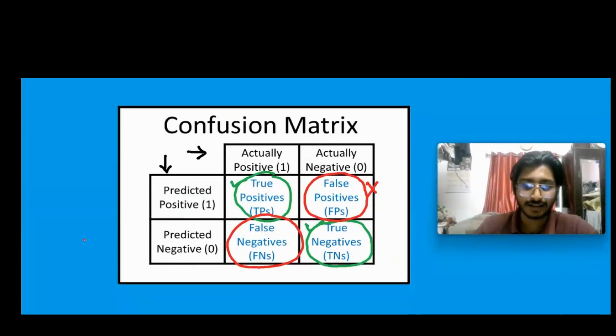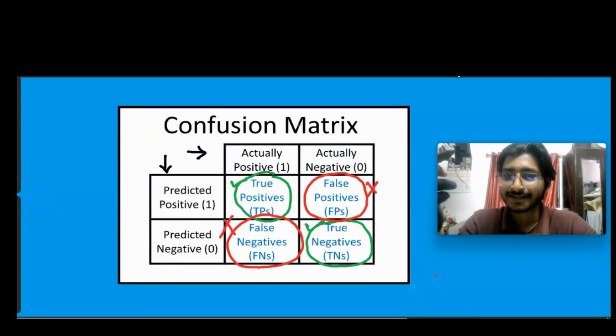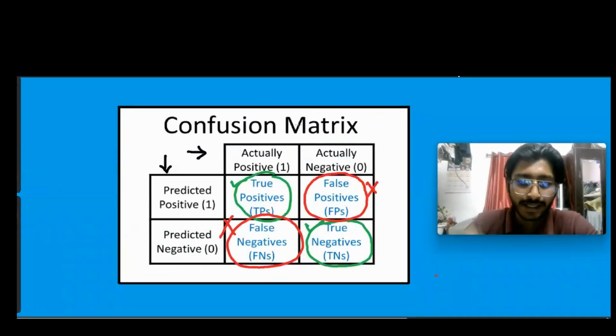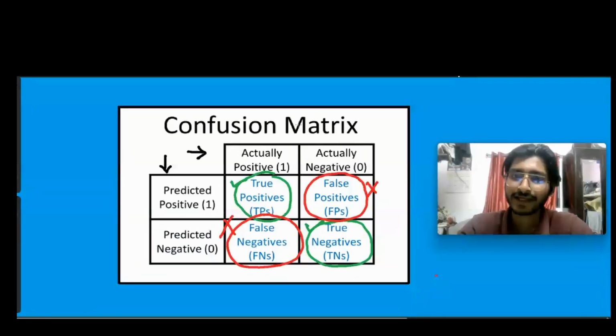Again, this is a wrong prediction. Is it clear? From this matrix, we get four important values: true positive, true negative, false positive, and false negative. Using these four values, we calculate different evaluation metrics.